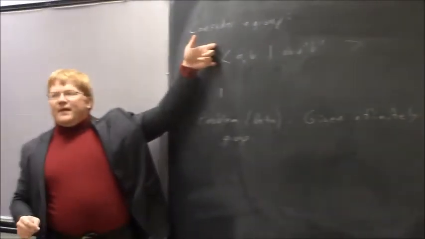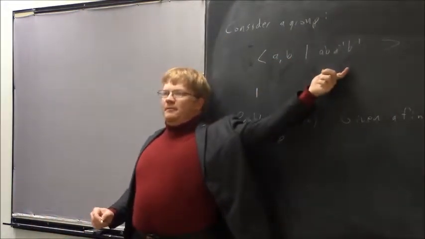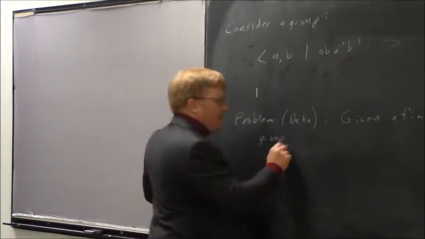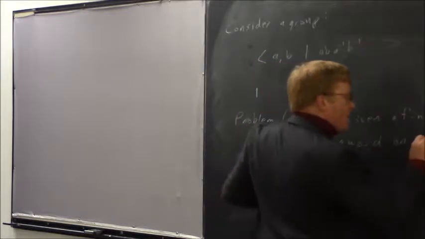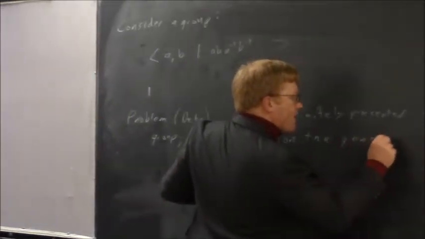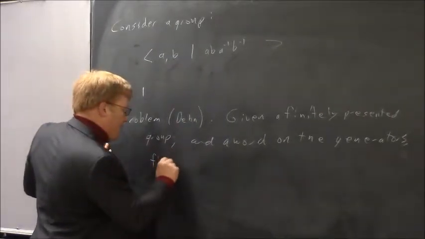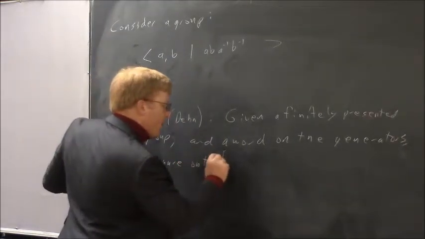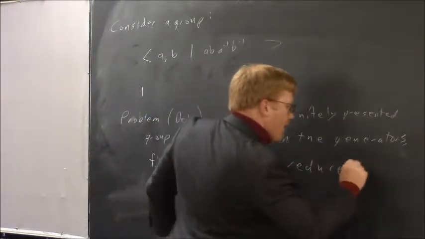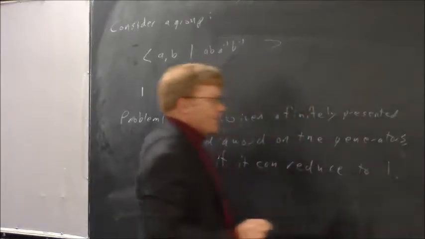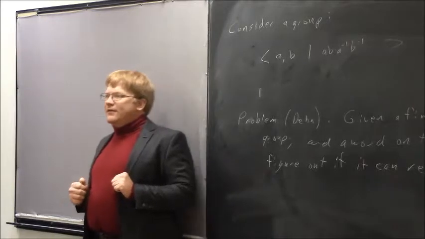Given a thing like that, where you have finitely many generators and finitely many relators, figure out if it reduces. Figure out if it's equal to the identity.